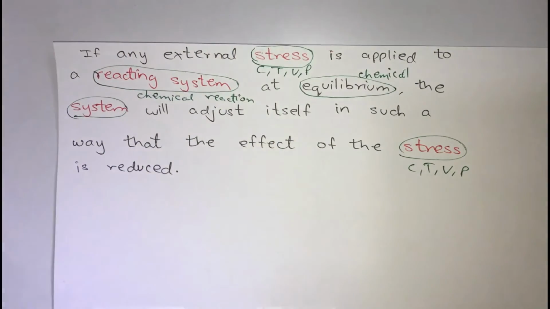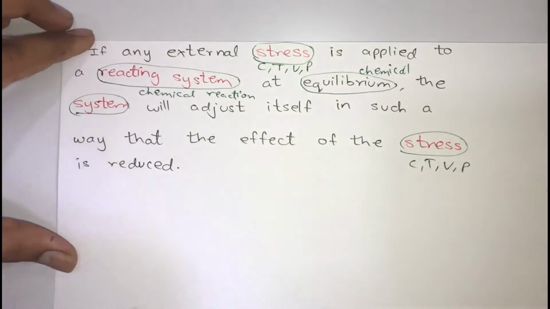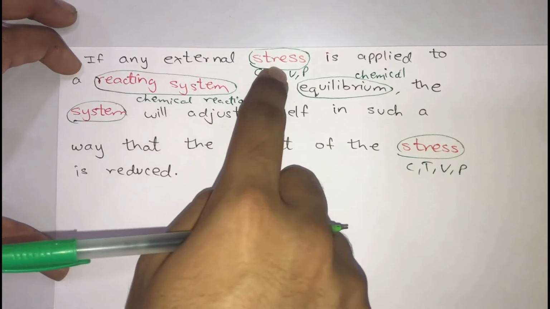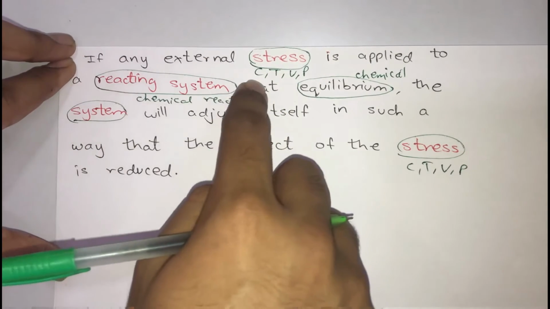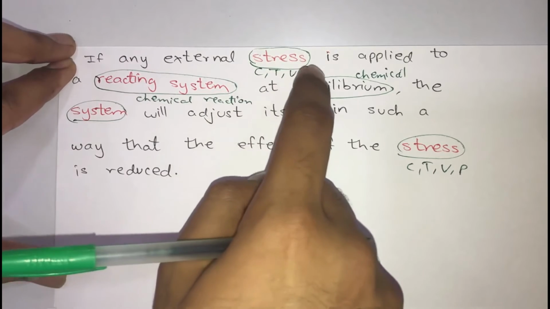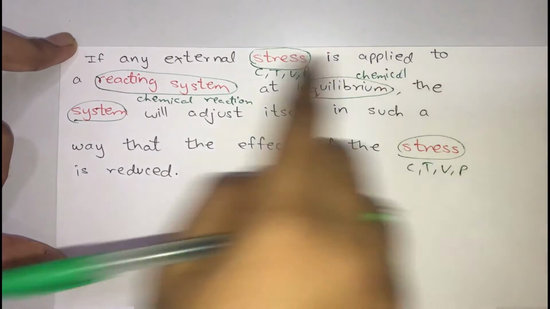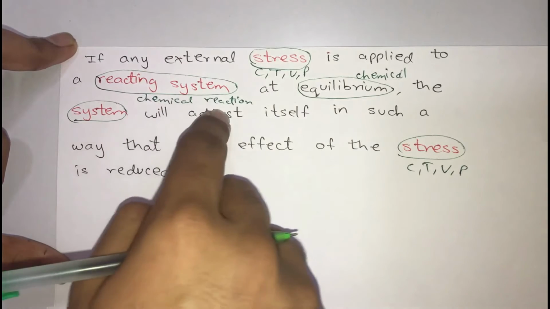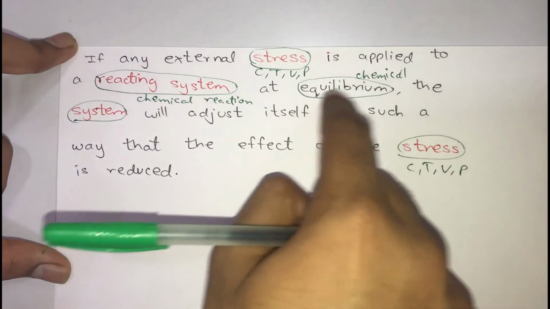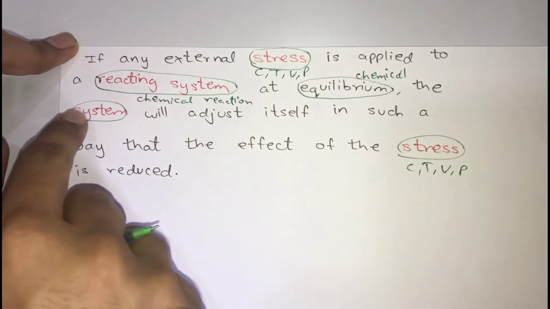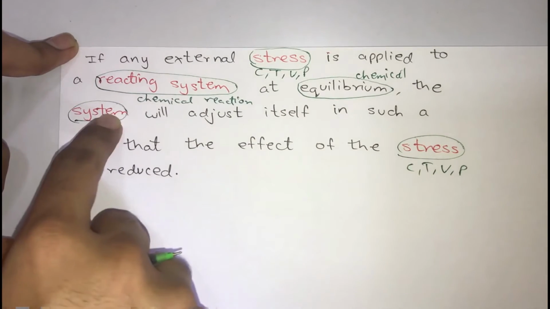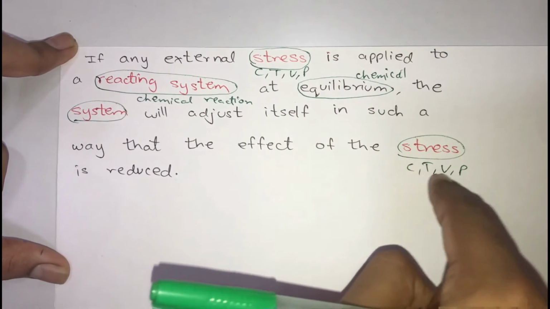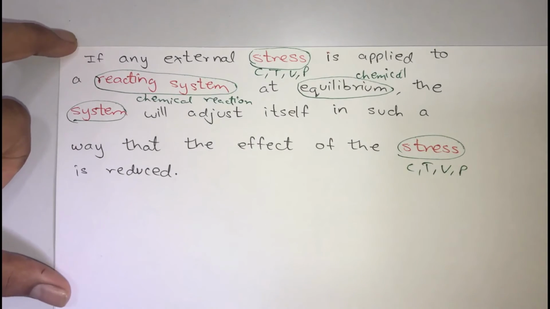Now let me read it over here and then I will write below. So this principle tells us that if any external stress, which means that if we change the concentration, temperature, volume and pressure of the reacting system which is at a chemical equilibrium, then the chemical reaction will adjust itself in such a way that the effect of the change in concentration, temperature, volume and pressure is reduced.